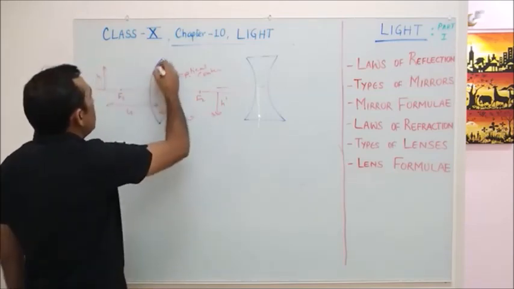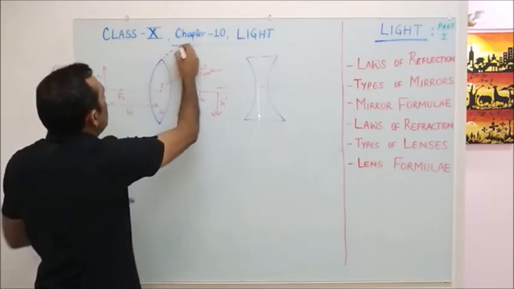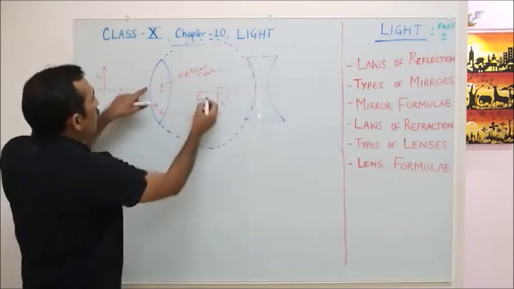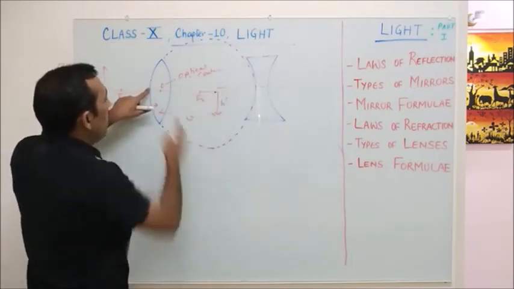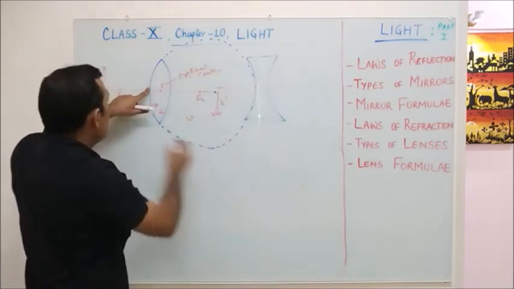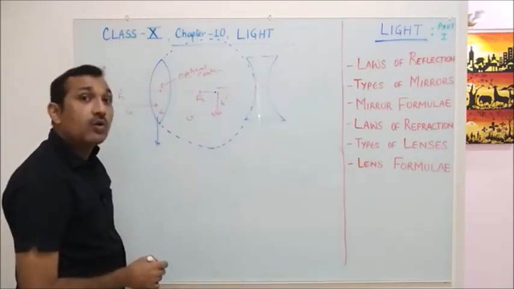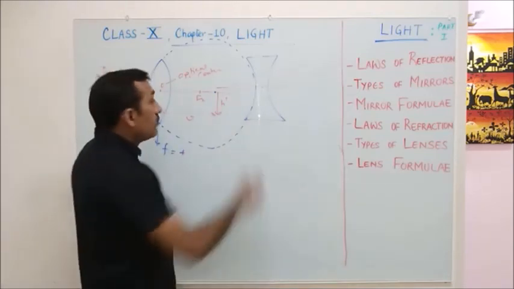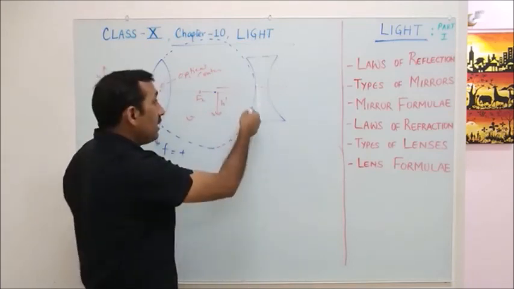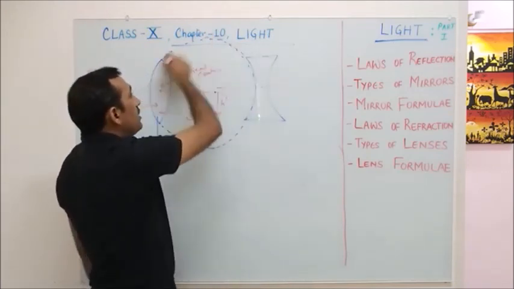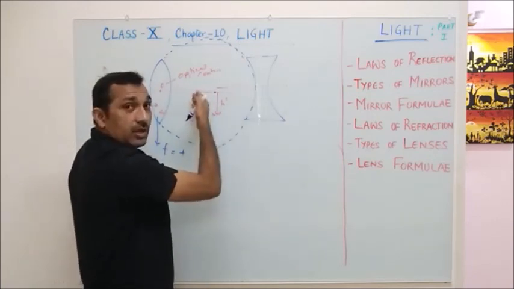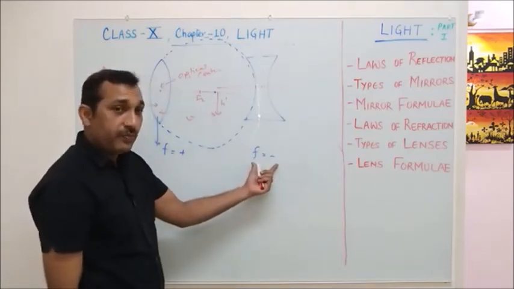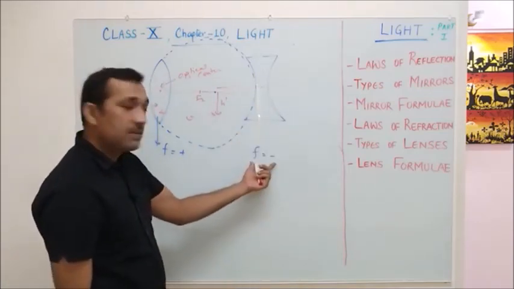To make this surface, if I have to draw a circle like this, the center will be somewhere on the right side, and right side is plus. So for a convex lens, f will be positive. Similarly, for the other, the sphere is drawn like this, the center will be on the left side, and left side is minus. So for a concave lens, it is minus.